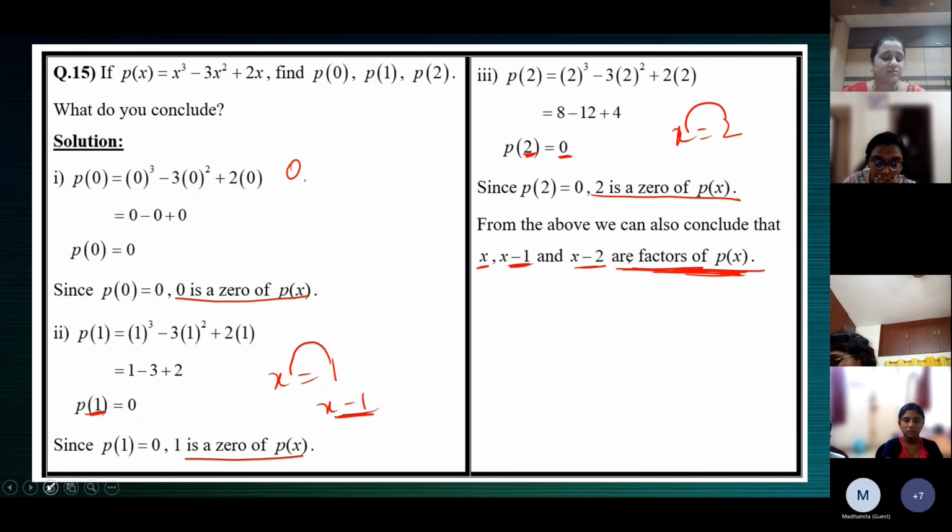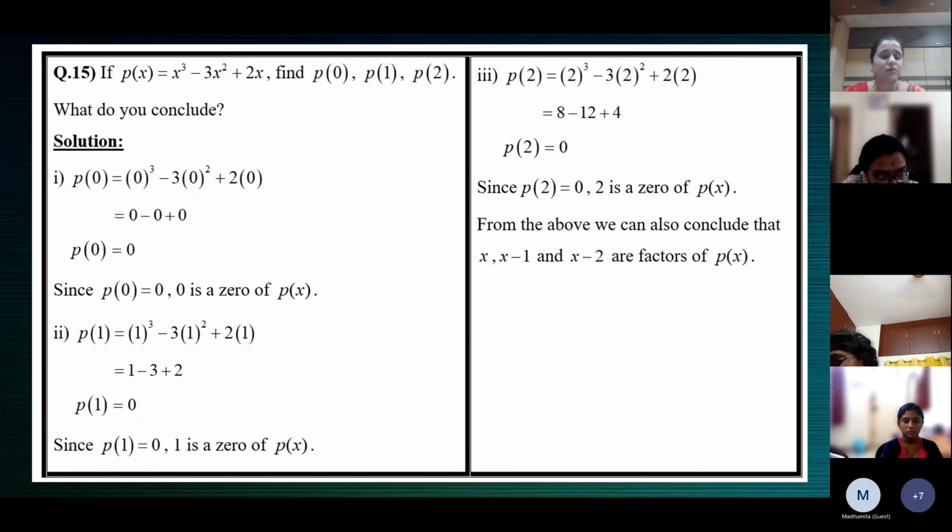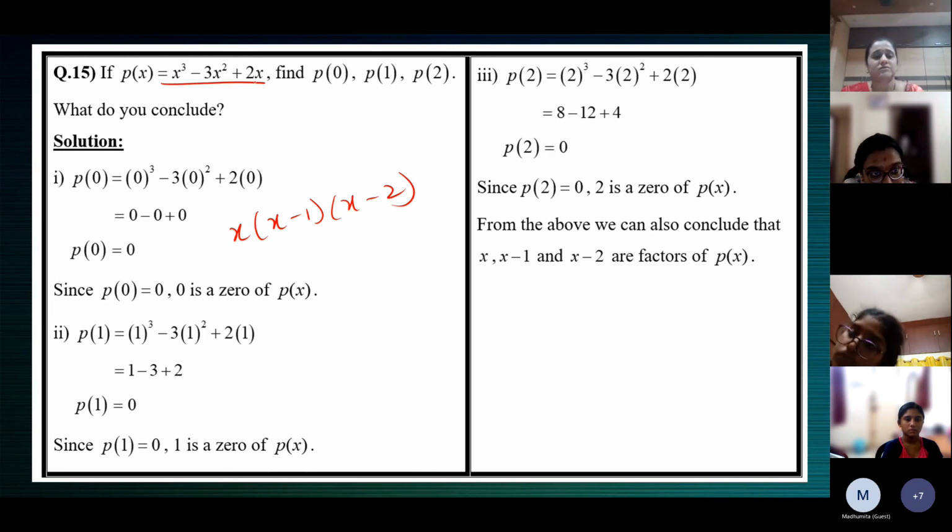So we found all the three factors. When you multiply all the three factors, you must get this polynomial P of x.